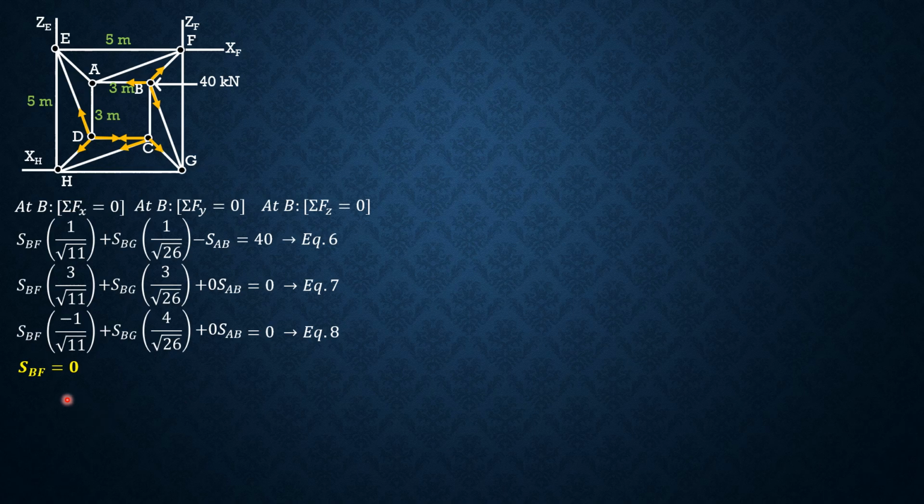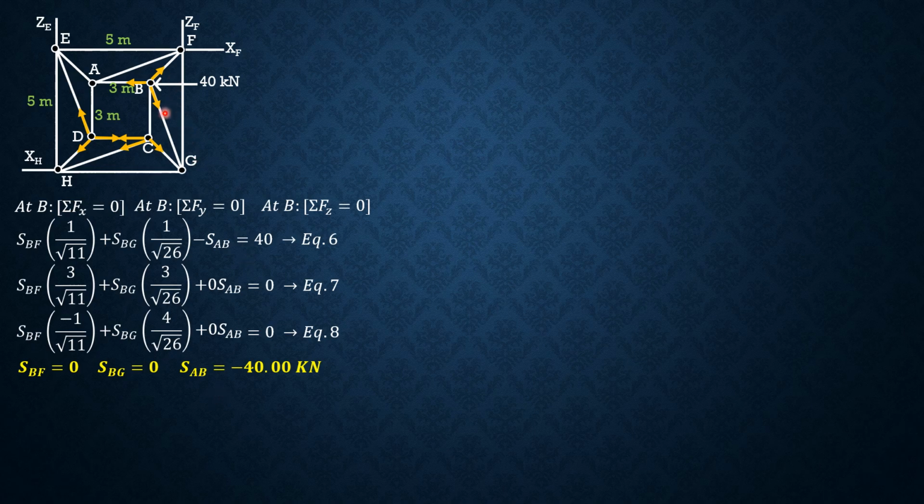Solving equation 6, 7, and 8 simultaneously gives us the following result. SBF is 0, SBG is also 0, and SAB is negative 40. So these results are obvious from the special rule.